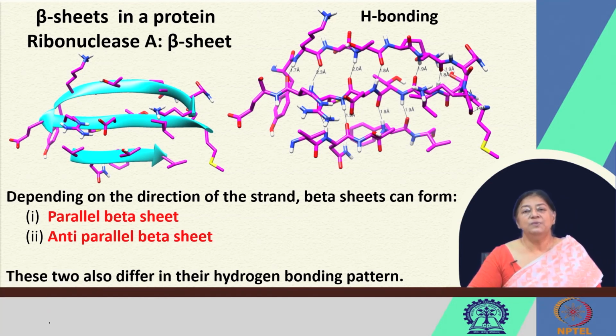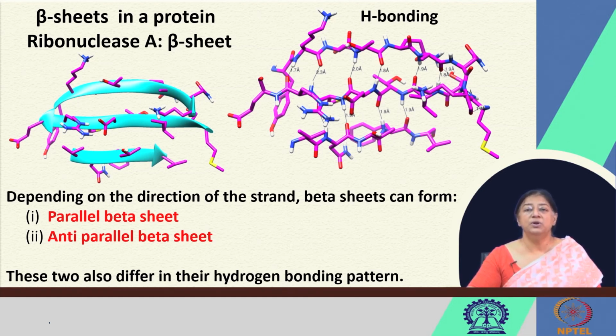We realize that when we are looking at the two different types of secondary structures, that is the alpha helix and the beta sheet, the strands in the beta sheets, they are held together by hydrogen bonds. This is what is common for the alpha helix and the beta sheet. But what we realize in the beta sheet type of characteristic hydrogen bonding, the strands, whether they are parallel or anti-parallel, will have different patterns.